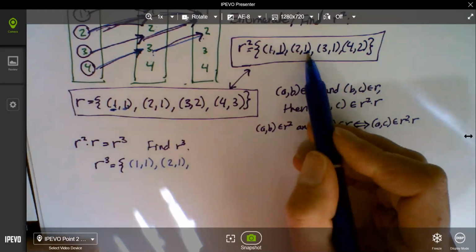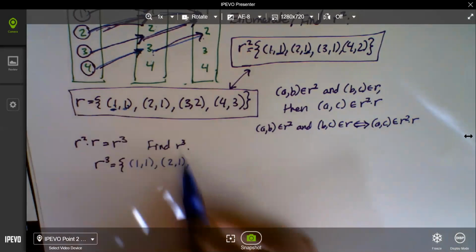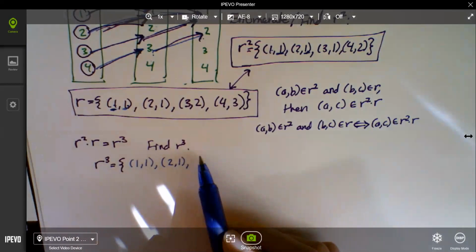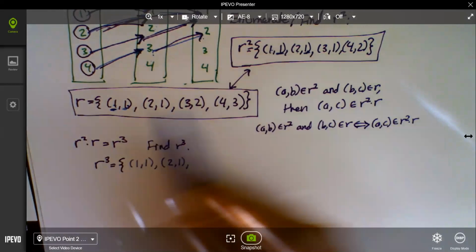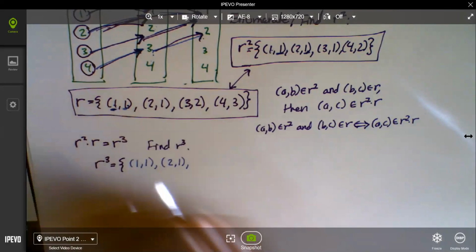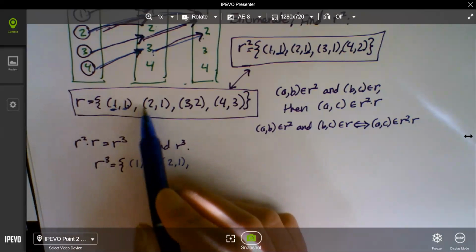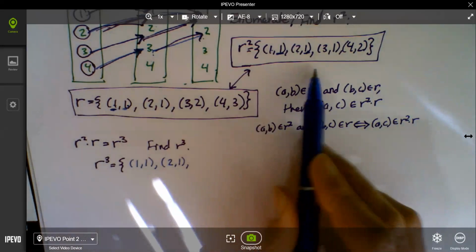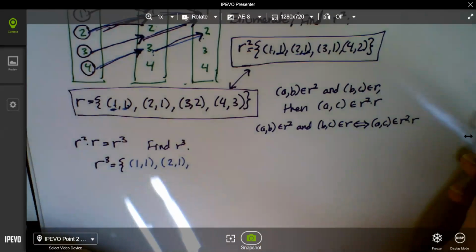Sometimes you can have more than one connection, but in this case no other ordered pair in R had a 1 in the first position. So we're done with this second element in R squared.